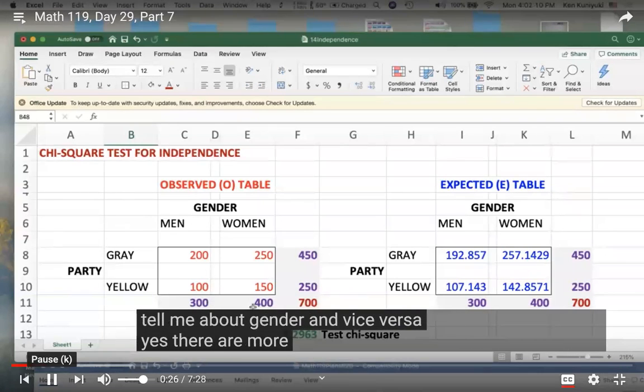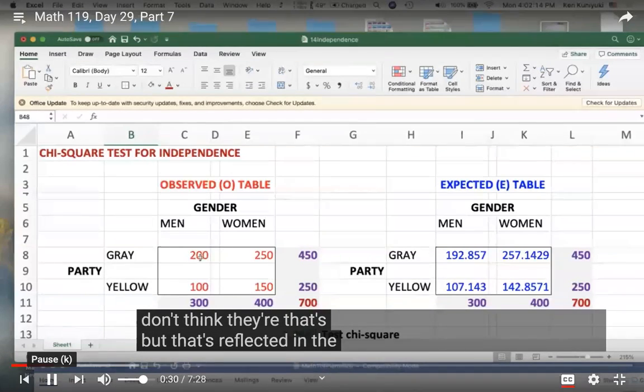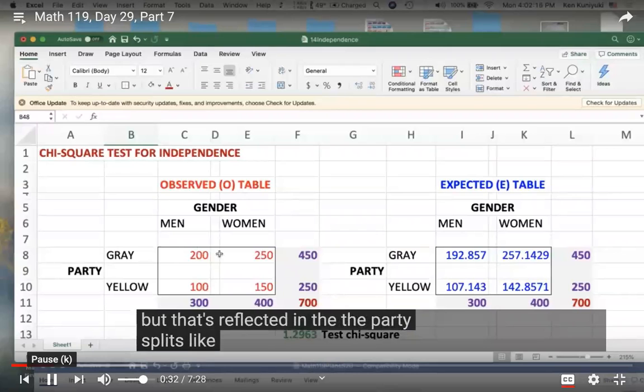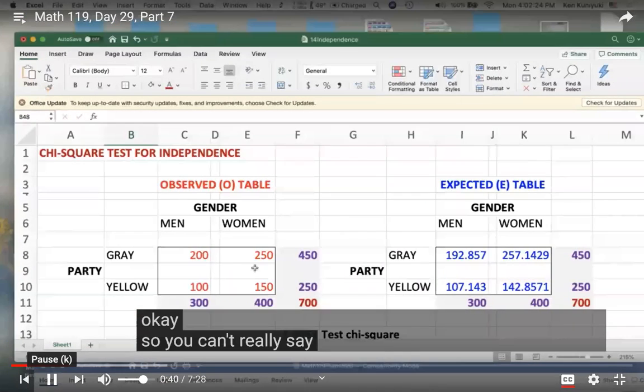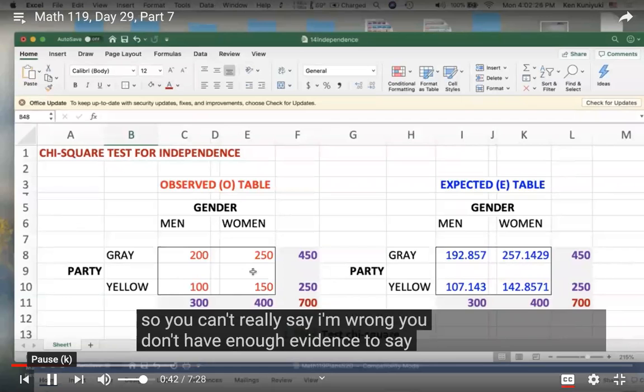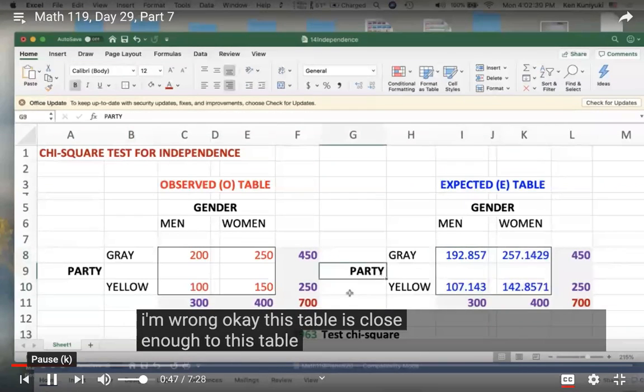Yes, there are more women than men, but I don't think that's reflected in the party splits like this. There's insufficient evidence against my claim, so you can't really say I'm wrong. You don't have enough evidence to say I'm wrong. This table is close enough to this table.